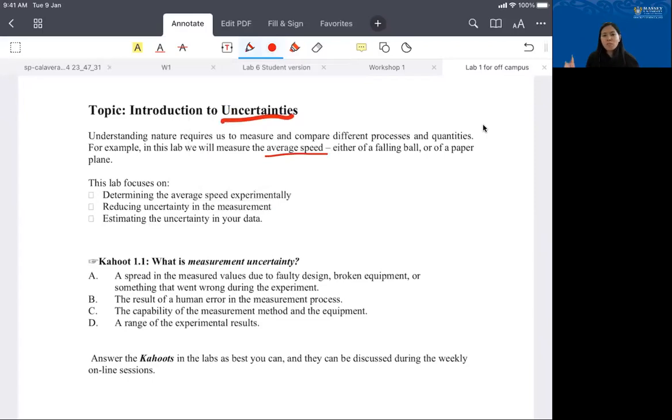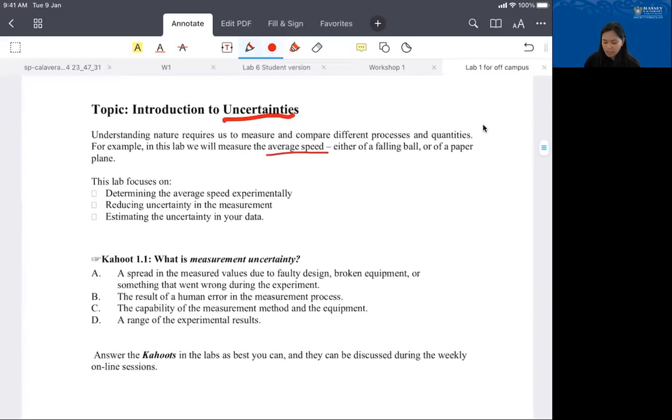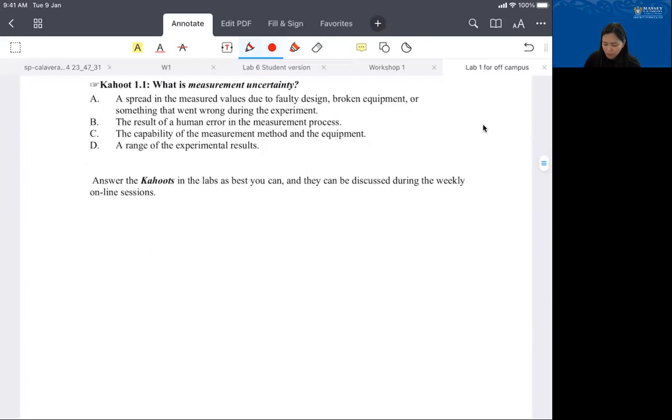In any measurement that we make, there is this natural variability, and that's where uncertainty comes in. Uncertainty measures how well the equipment and method can measure as close to the true value as possible. That's what you will be investigating in this lab.